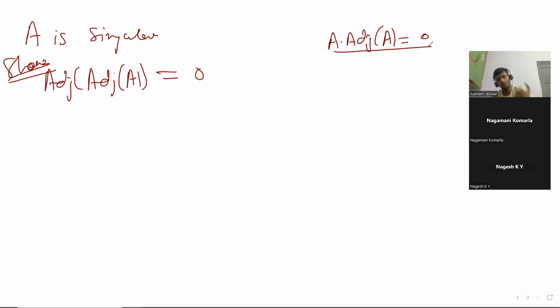So this becomes cofactor of cofactors, and that should be 0, I understand, but how do we explain it?